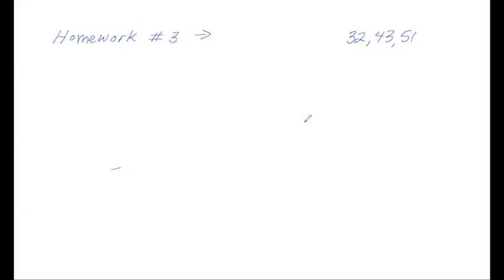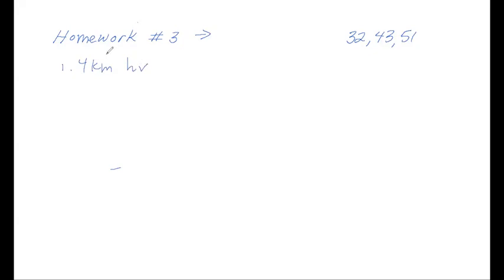Okay, problem 32 says, two piers A and B are located on a river. B is 1,500 meters downstream from A. Two friends must make round trips from pier A to pier B and return. One rows a boat at a constant speed of 4 kilometers per hour. So the rower is 4 km per hour.